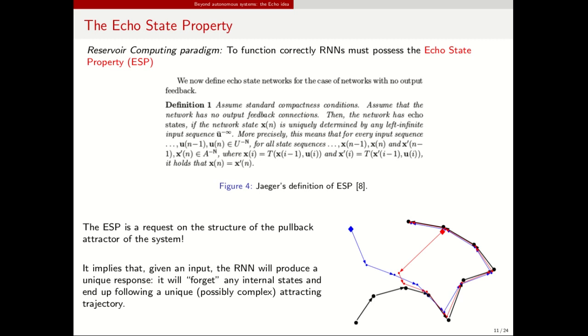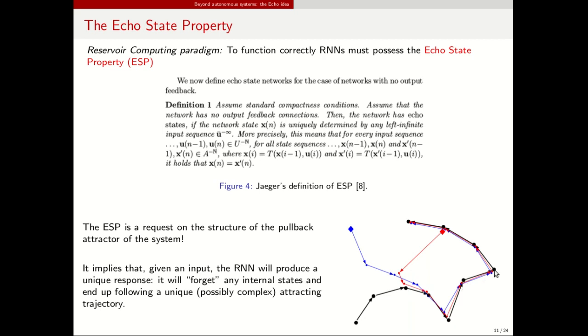This implies that given an input, the recurrent neural network will produce a unique response, and it will forget any internal states and end up following a unique, possibly complex attracting trajectory, which I depicted here as the black trajectory.